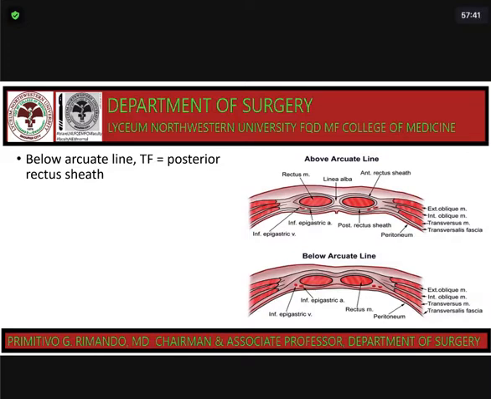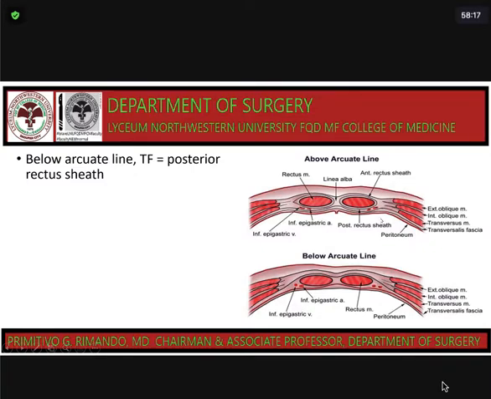One half provides aponeurotic sheath to the anterior rectus, and the other half provides aponeurotic sheath to the posterior rectus sheath. That is why the anterior rectus sheath above the arcuate line is composed of the aponeurosis from your external oblique and your internal oblique.